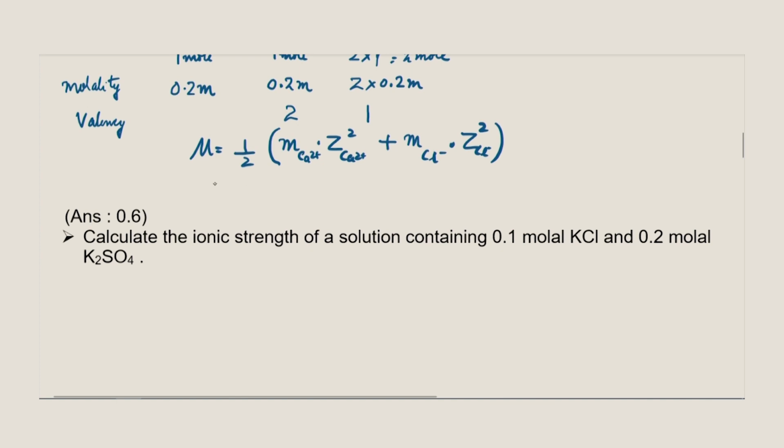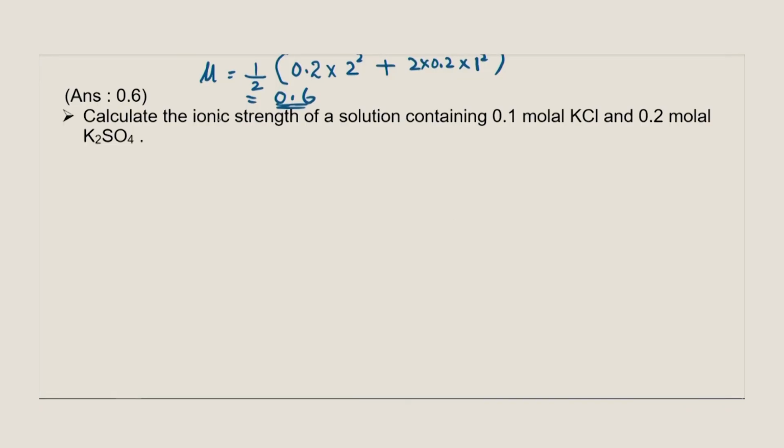Mu is equal to half into molality of calcium is 0.2 into valency of calcium, that is 2 square, plus molality of chloride ions is 2 into 0.2 into valency 1 square. Now, when we calculate, we will get the answer as 0.6.